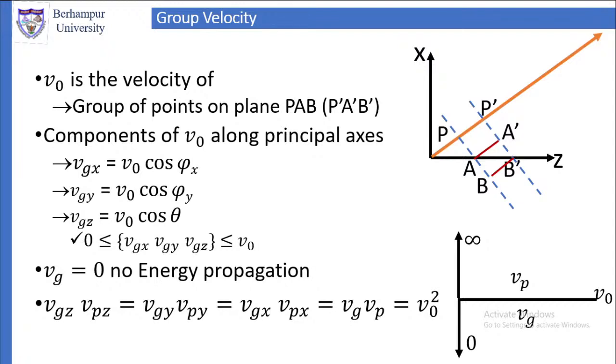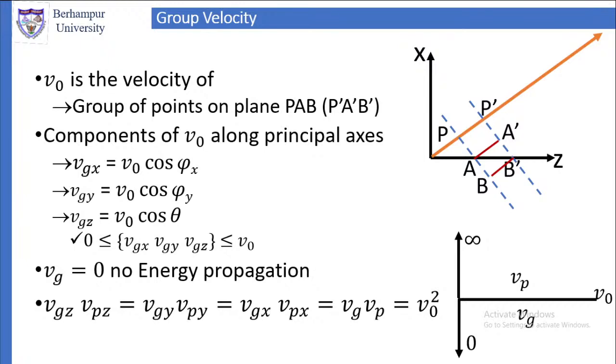Therefore, Vg into Vp is equal to V0 square. So the product of group velocity and phase velocity is equal to the square of the intrinsic velocity. This is the relationship between intrinsic velocity, group velocity, and phase velocity. With this, we come to the end of the concept of group velocity, phase velocity, and the relationship between them.